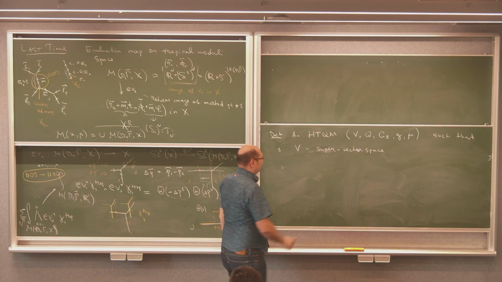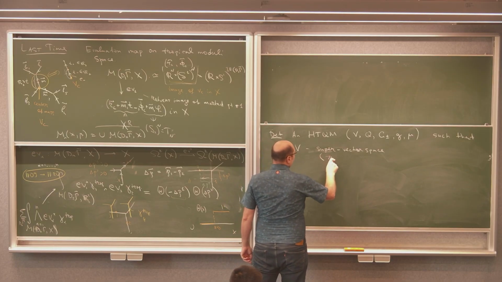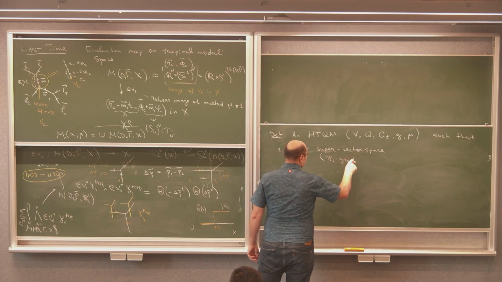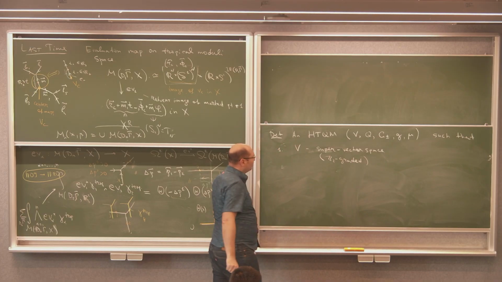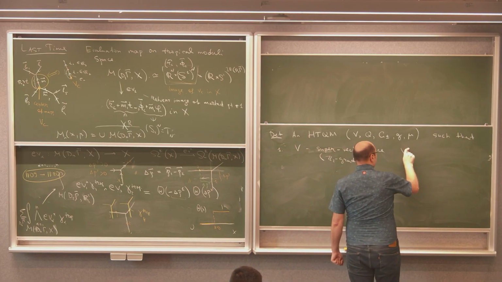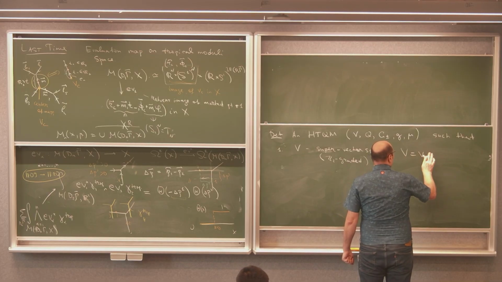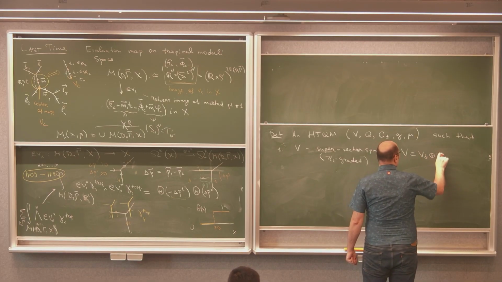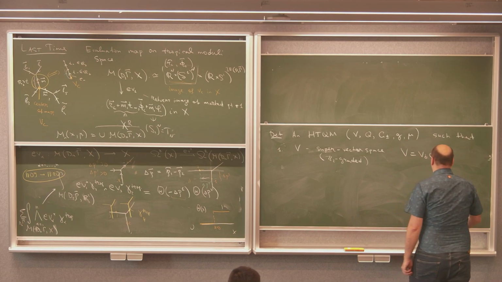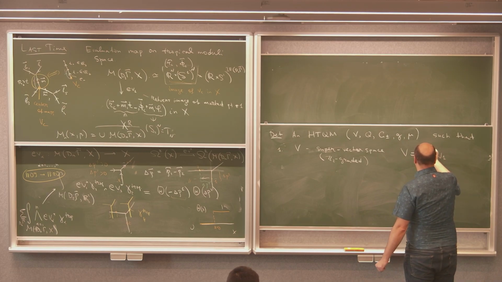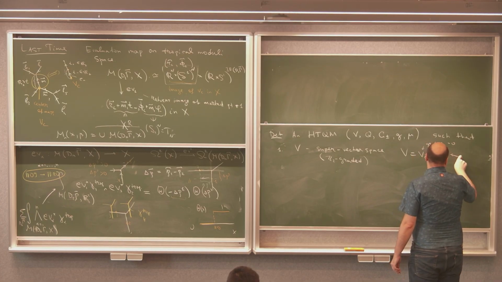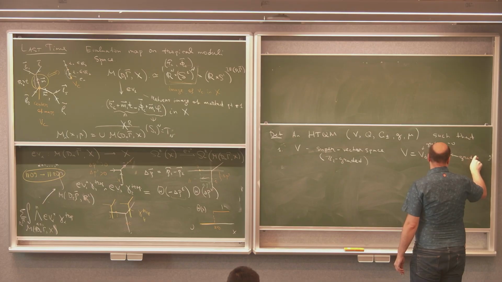So super can be understood as Z2 graded. So a Z2 graded vector space means that V is a direct sum of V0 and V1, and we say that this one is of grading 0 and this one is of grading 1.